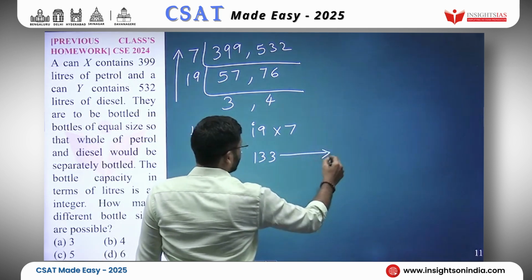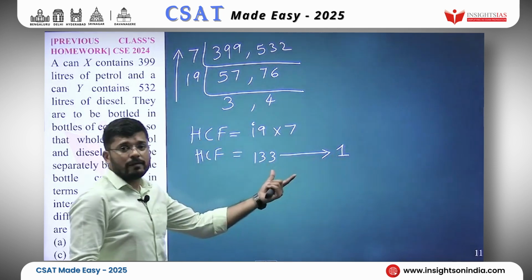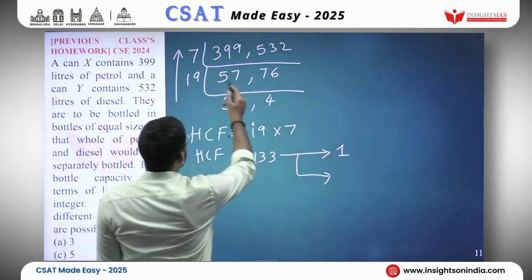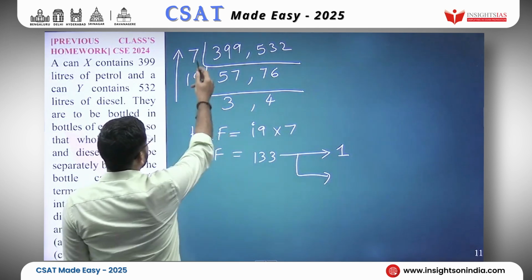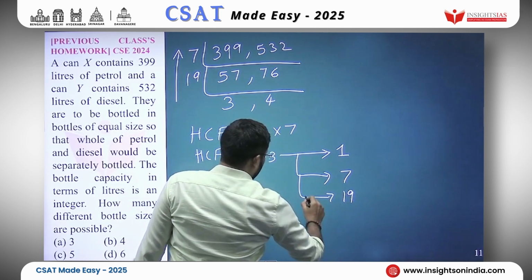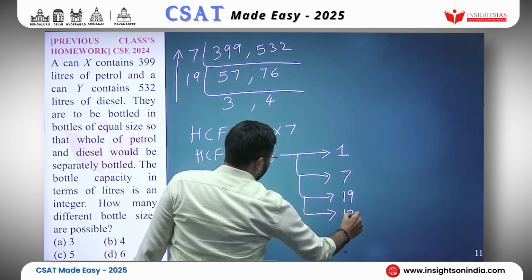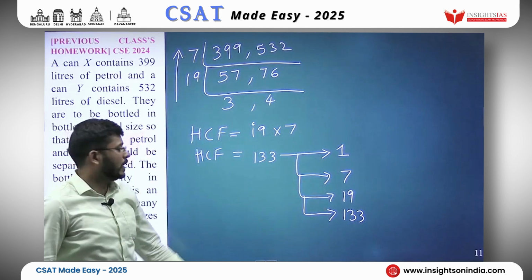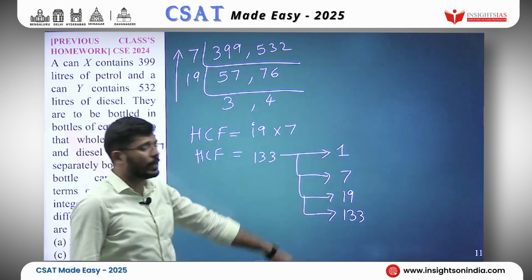What are the factors of 133? There is 1. Then we found out that it is divisible by 7 and 19 also, so 7, 19, and then 133 itself. Since these two are prime numbers, it doesn't have any other factor. It is a product of two prime numbers, so it does not have any other factors.